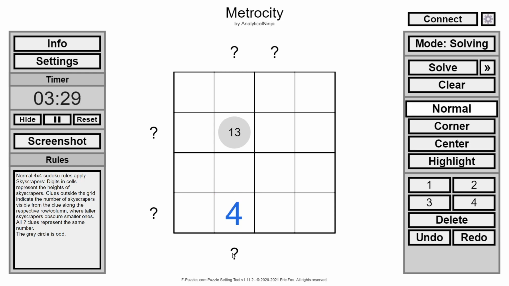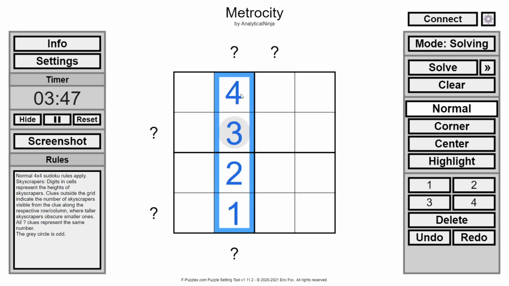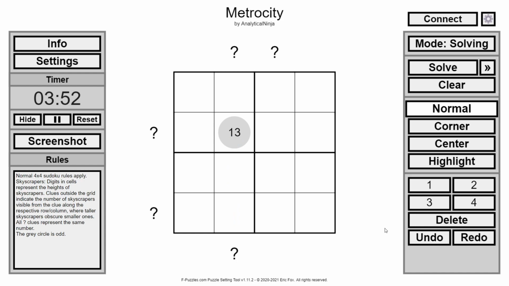And so you put the 4 to satisfy this clue, which will block everything. But then on this side you can't put another 4 to block everything. So it can't be a 1. It can't be a 4. A 4 would imply, for this row, it would be 1, 2, 3, 4, because you need to see all 4 of the digits. But you can't obviously do 1, 2, 3, 4 this way, because then this way won't work as well. So it's 2 or 3.